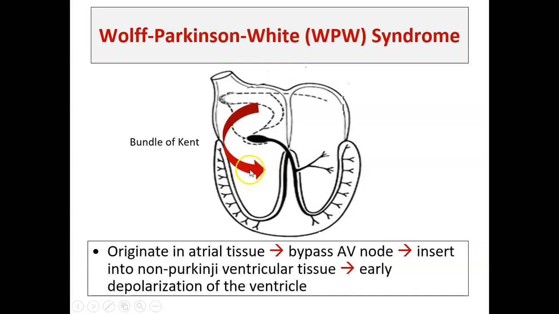This is non-specialized conduction tissue, so it's inserted into the ventricles. Whenever anything is inserted into the ventricles, it produces excitation of the ventricles in an abnormal way and the complexes become wide.